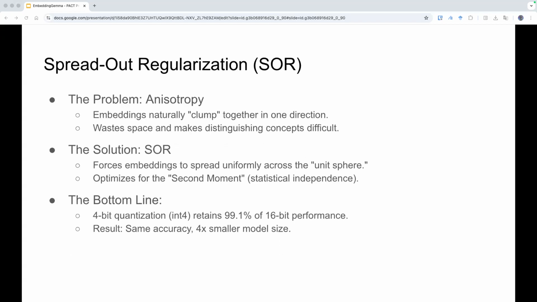And this is one of the innovations that these guys had, that is spread out regularization. The reason to have this is a problem called anisotropy.